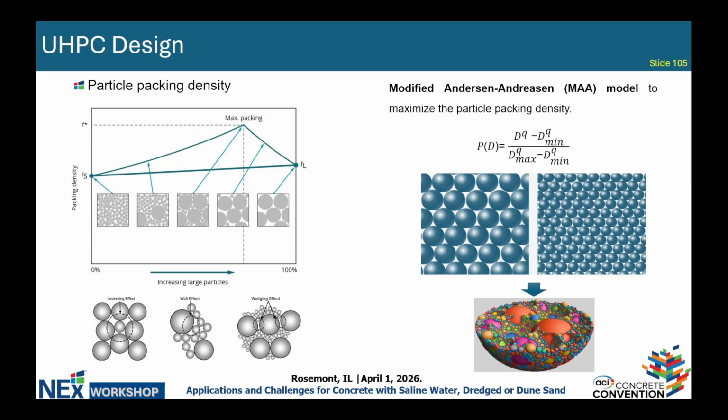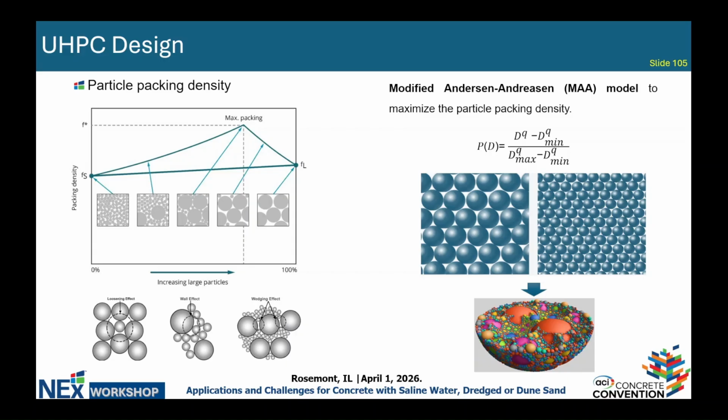It is a long story to see how to design UHPC, but in summary, the key principle of UHPC design lies in the maximization of the particle packing density of the materials used. As you can see from this figure, if you use fine particles or coarse particles, the packing density of the system cannot be maximized, because the space between the particles is still there.